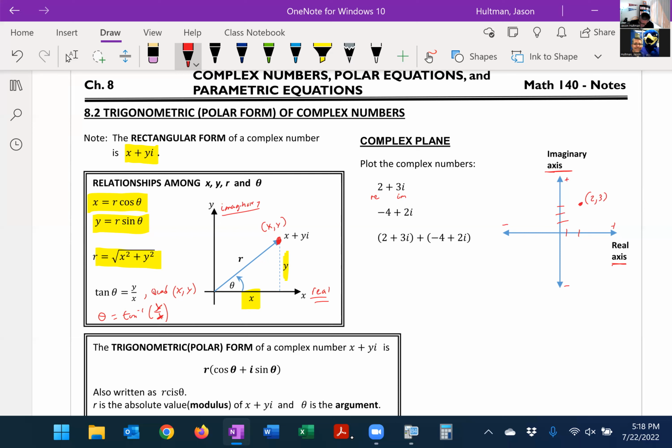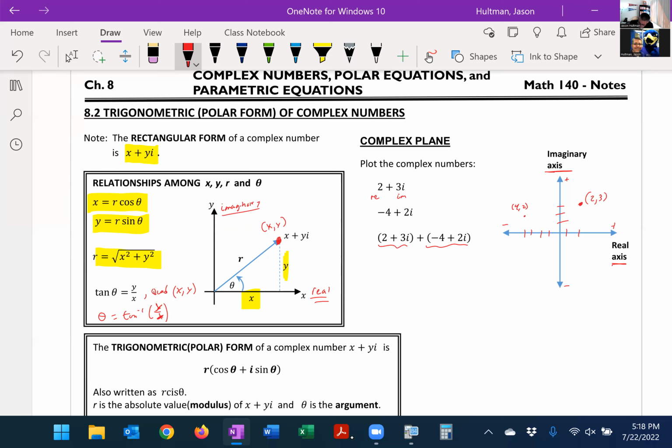Okay, what about negative 4 plus 2i? Negative 4 plus 2i. Well, negative 4, 1, 2, 3, 4, and then up 2. Okay, so this is negative 4 real, 2 imaginary. Now, what would happen if I wanted to add these two numbers together? Well, a couple of things.